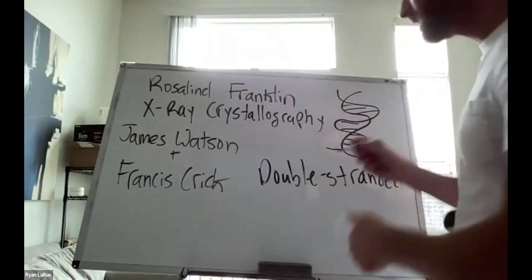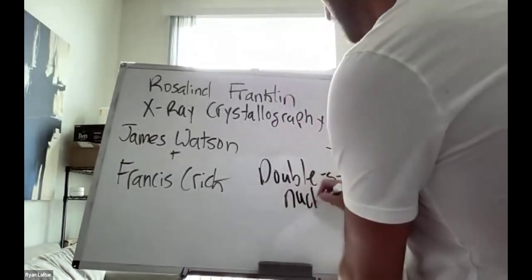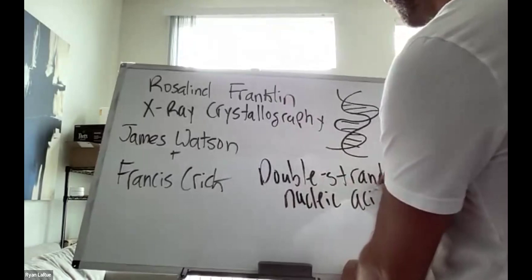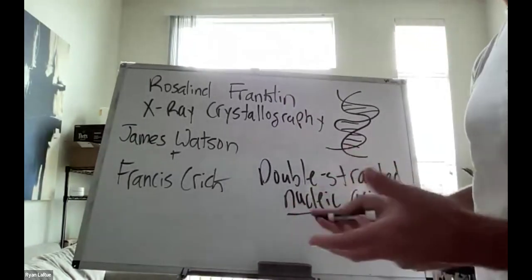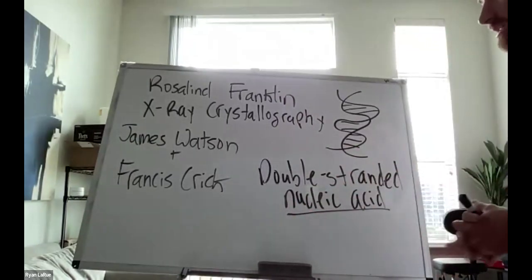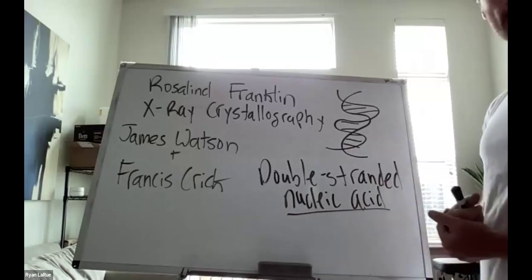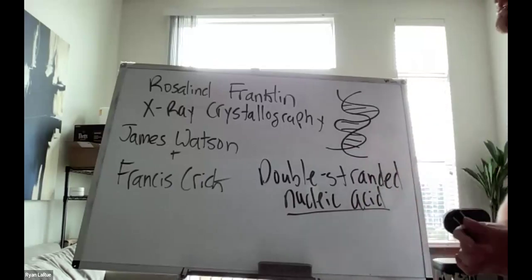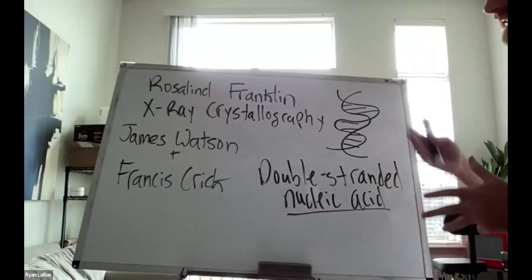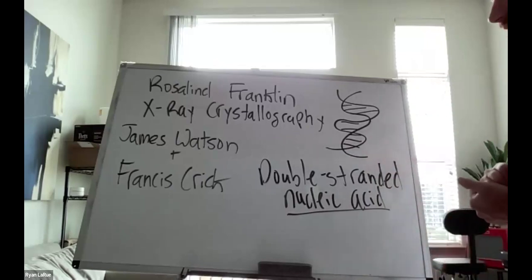But it's a double-stranded nucleic acid. So if you recall the four different categories of molecules that exist in biology and life and organisms, nucleic acids is one of those four categories. It's not a carbohydrate, it's not a lipid, it's not a protein, it's a nucleic acid.